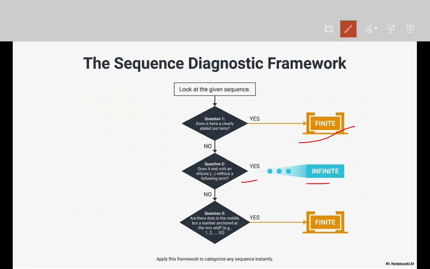If yes, it is infinite. Are there dots in the middle, but a number anchored at the end? For example, 1, 2, dot, dot, dot, then 50. It is finite. Please pay attention to this.